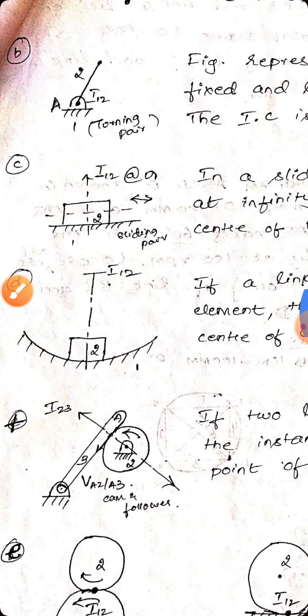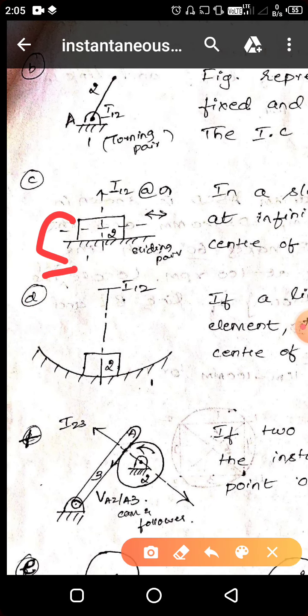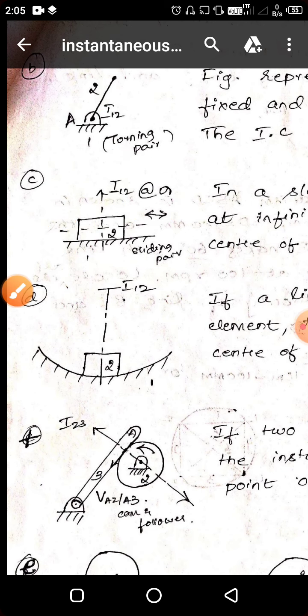When the slider slides on a flat surface, its instantaneous center, the center point of rotation, is assumed at infinity, perpendicular to the path of the slider, that is, the slider moving on a straight path.